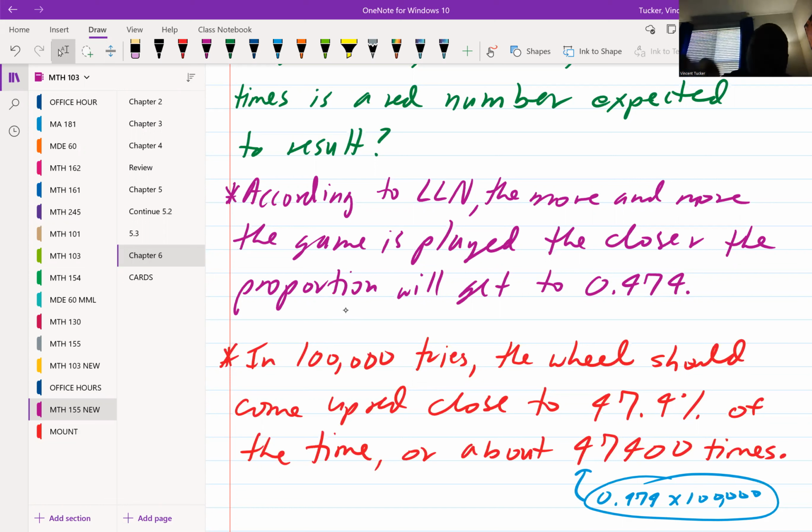Oh, somebody in the chat. The test review for which one? What test? Is that coming up next week? The test? No. Okay, so it's next week. Chapter 5 and 6.